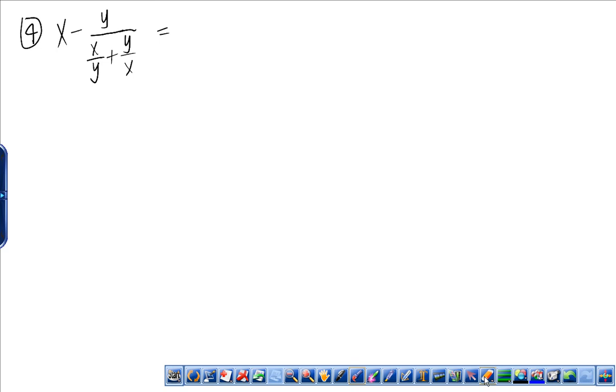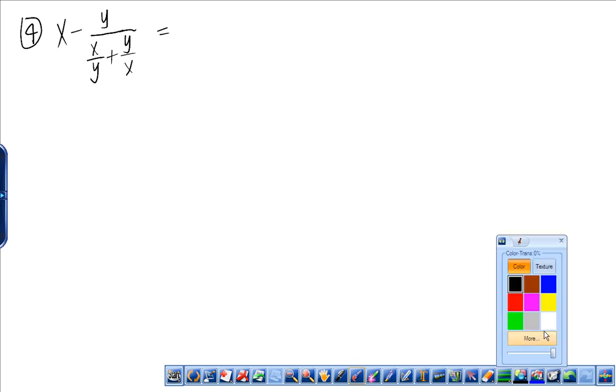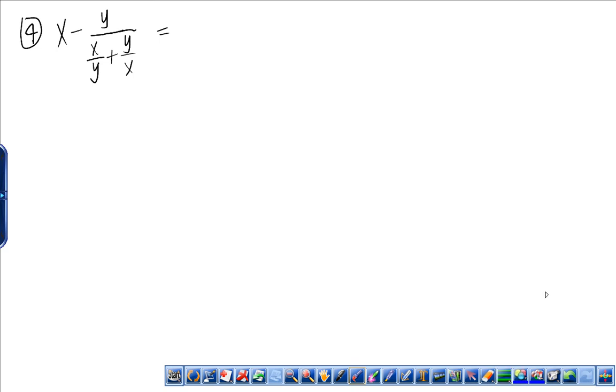Okay, I thought that I could do the same thing on this problem, and you're eventually going to have to find a common denominator from this x and this over here, but I thought I would simplify this right side first, and I'm going to do that by finding a common denominator on this right side. And I thought that it would be xy. So I'm going to multiply the top by xy and the bottom by xy as well.